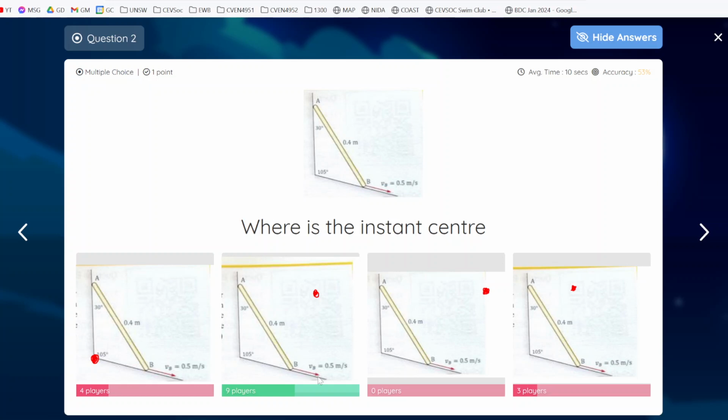Okay, yeah. So for the instant center, it's basically not parallel to the velocity vectors like in the situation on the left. It's perpendicular to them, right? Our velocity B goes down the incline. Our velocity A will follow the wall, right? And so perpendicular to that will be that point there.